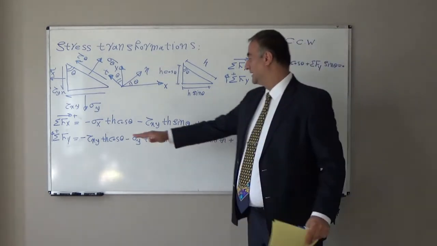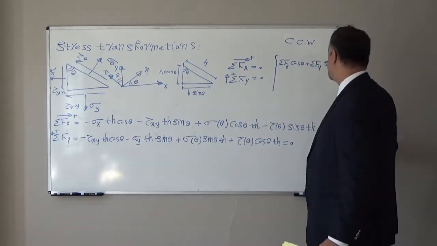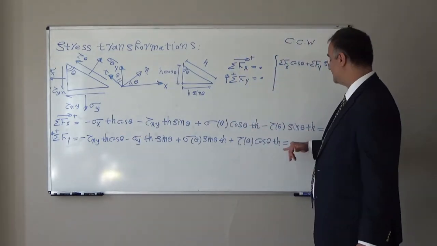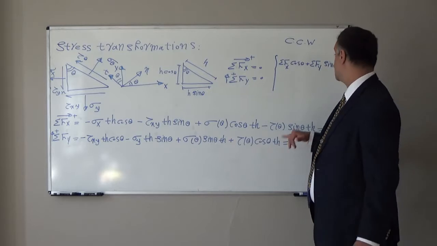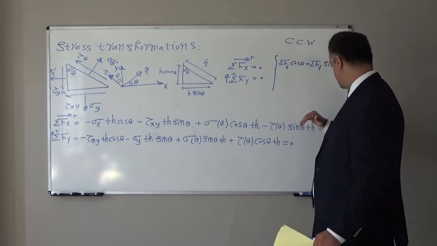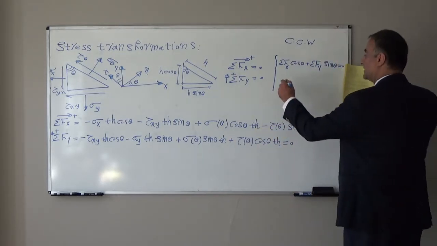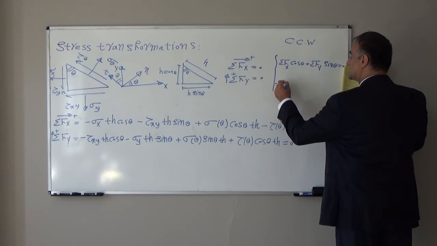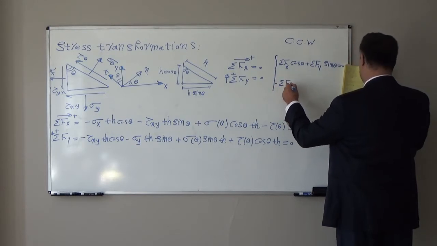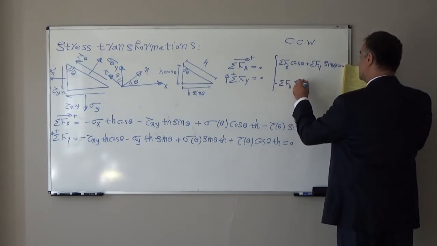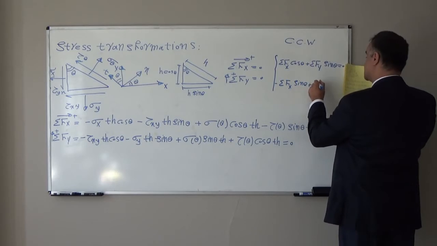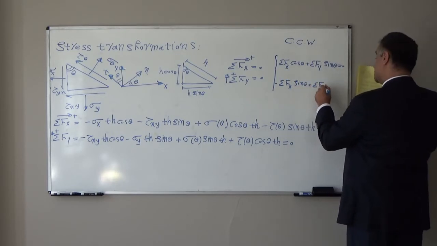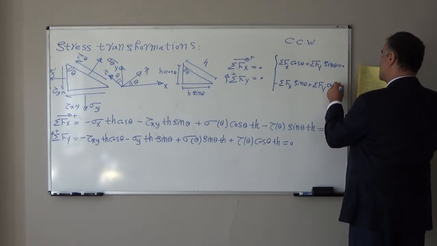We will multiply both sides of this equation by cosine theta, and both sides of the other equation by sine theta, and we will add them together. Another combination is minus summation of Fx sine theta plus summation of forces in the y direction cosine theta.